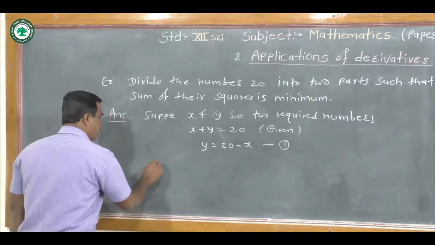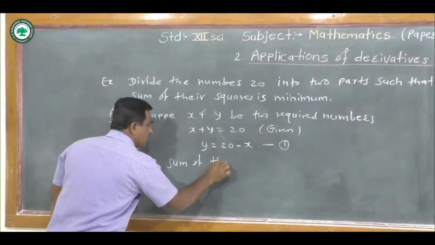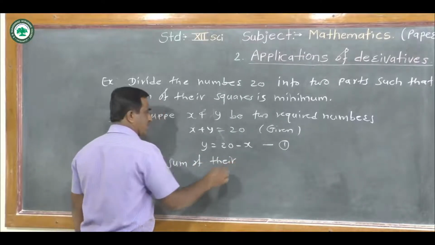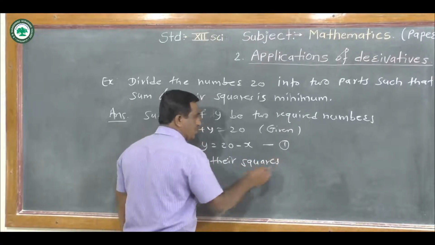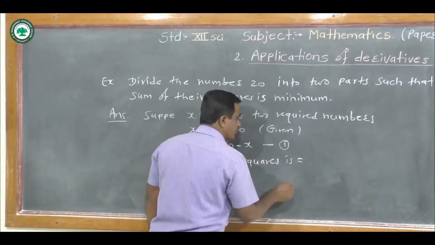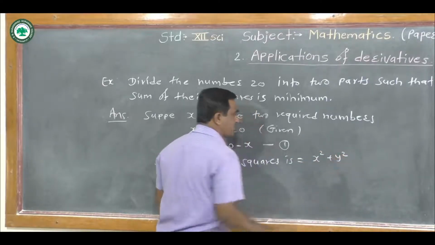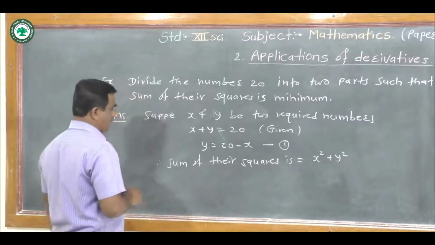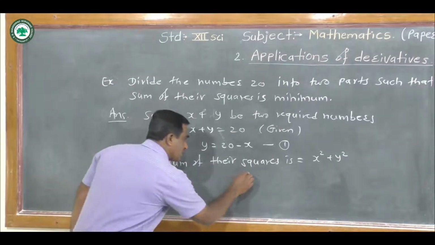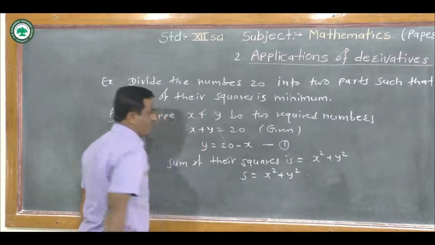Therefore we can write here the sum of their squares is equal to x square plus y square. We have to give a name for the sum: S is equal to x square plus y square.